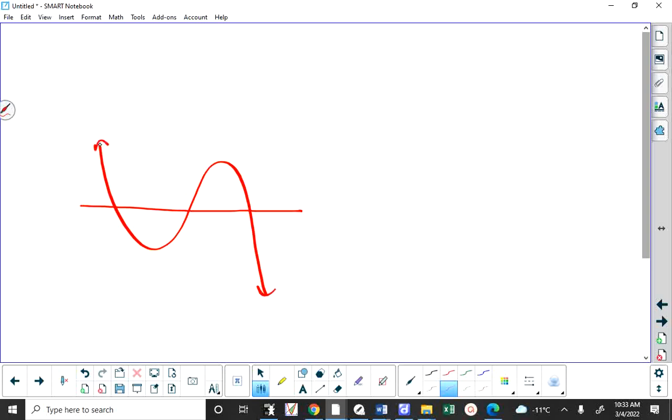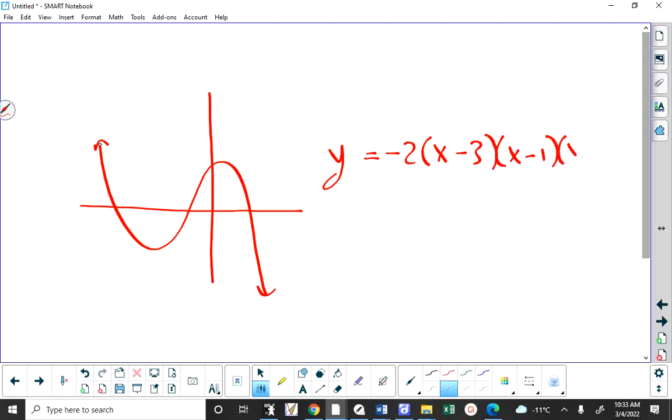Do you agree that that polynomial function could be, where's the y-axis? How many x-intercepts are positive? 1? So the y-axis is someplace here. It doesn't matter exactly. This could be that polynomial function.